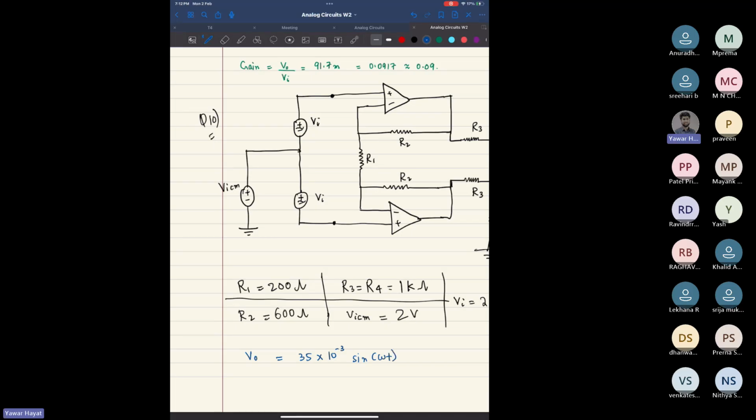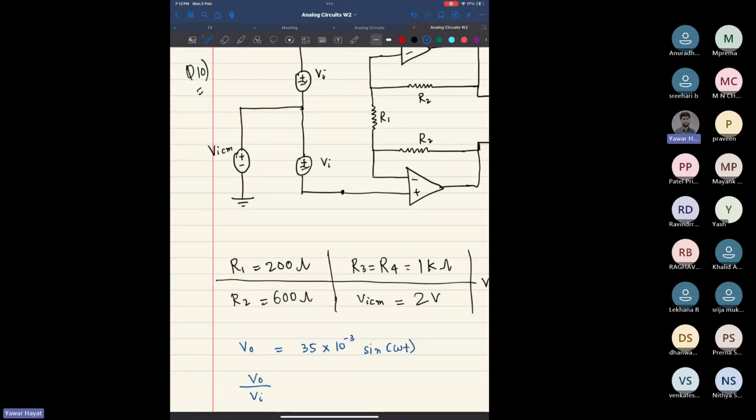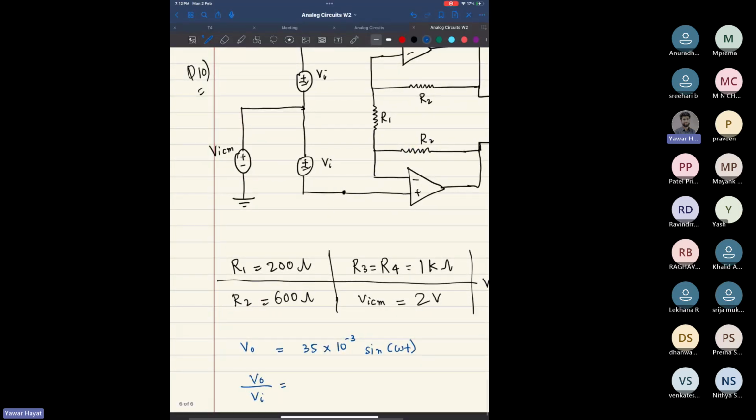While computing the transfer function, we'll obtain the following. Your V output by V input is 2 times R4 by R3, times 1 plus R2 by R1, by R2. Right?